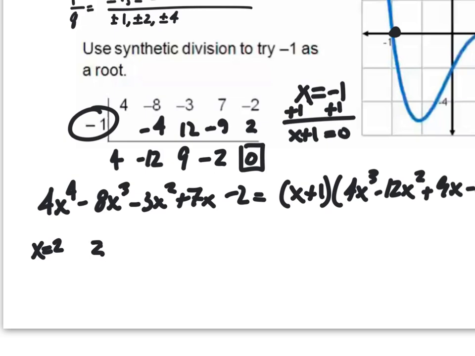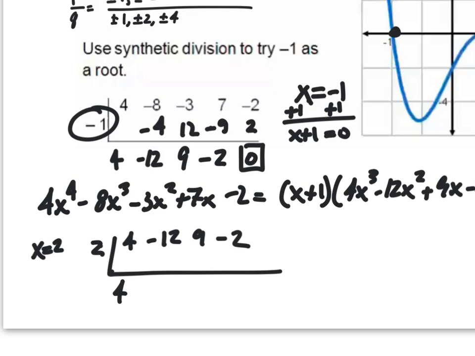Here's 2, and I write out the coefficients from my quotient: 4, -12, 9, -2. Drop down your 4. I take 2 times 4, which gives me +8. If I do -12 plus 8, that gives me -4. Then 2 times -4 gives me -8.